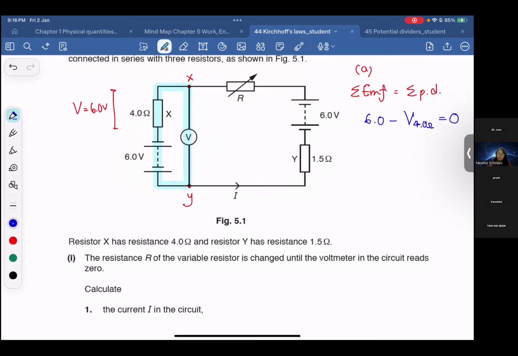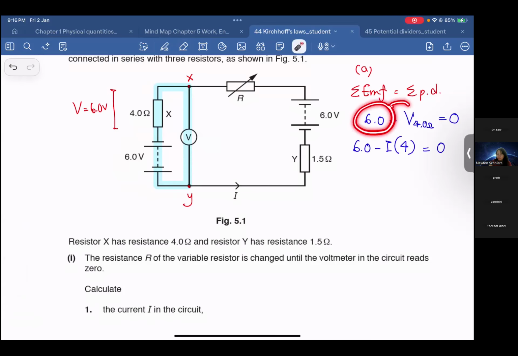Then 6.0 minus I times your resistance, which is 4, equals 0. What I provide is actually used up by this 4.0 ohm. That's why when I measure, there is no more voltage. The voltmeter becomes 0. This is the meaning.